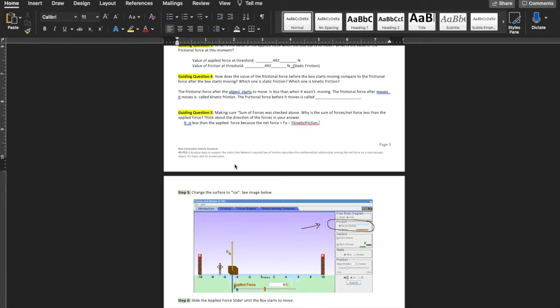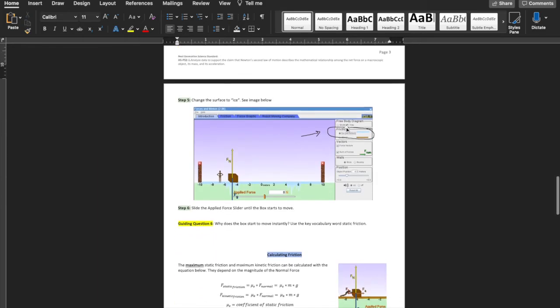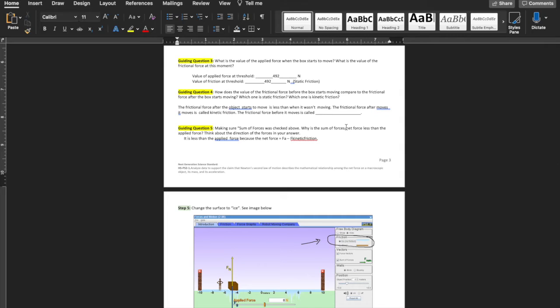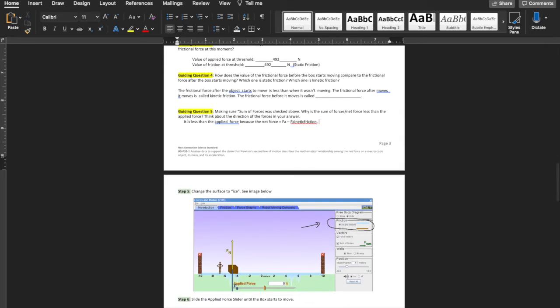Okay, and of course write this in your own words, and we're always using two sentences per answer. And remember, we do subtraction because the direction of the forces tells us to do subtraction.